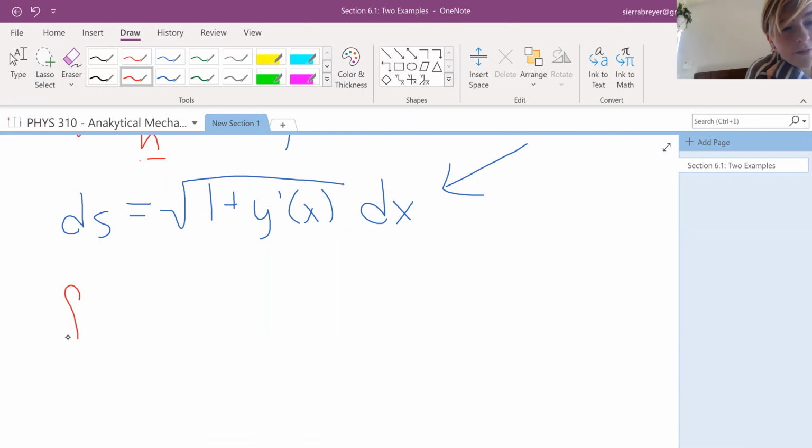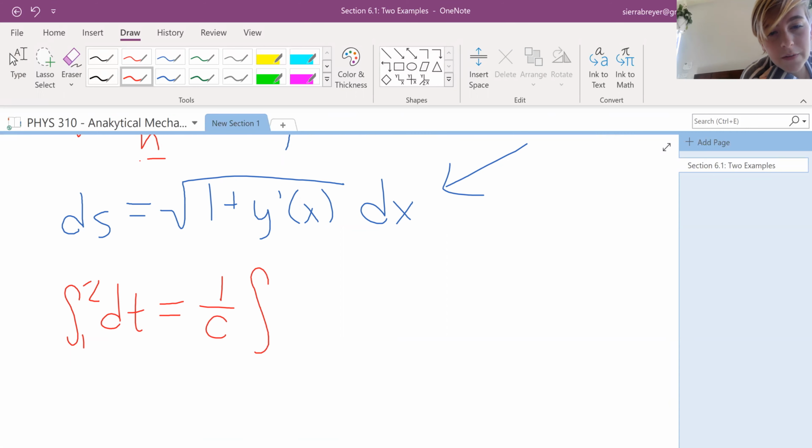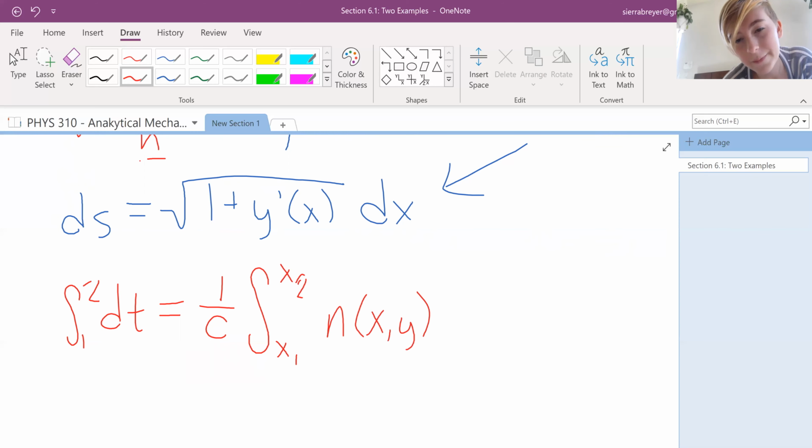So your total time from point 1 to point 2 is going to be equal to 1 over c, integral from x1 to x2, of n of x, y, and then the ds we're replacing with this.